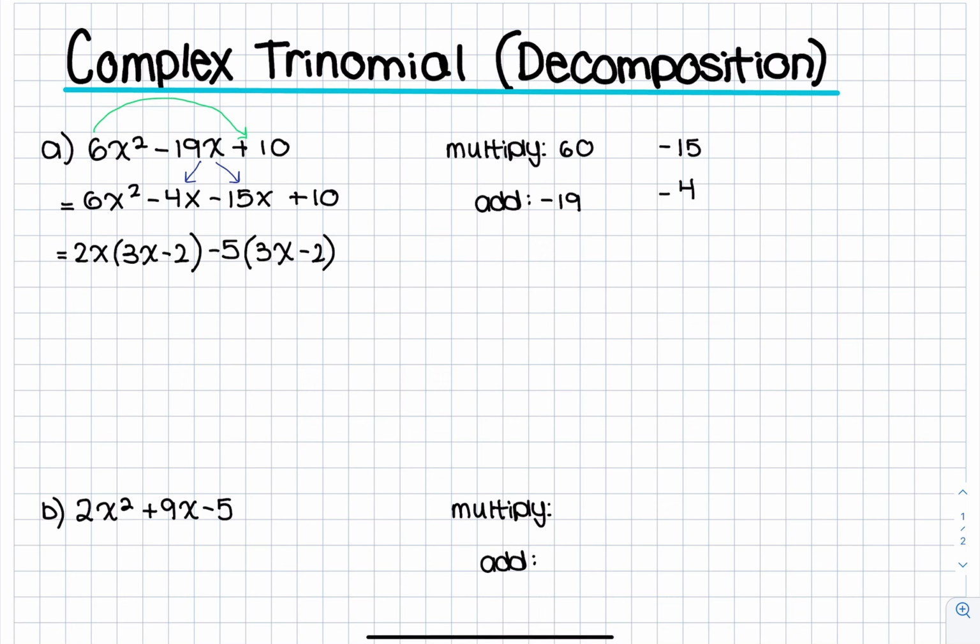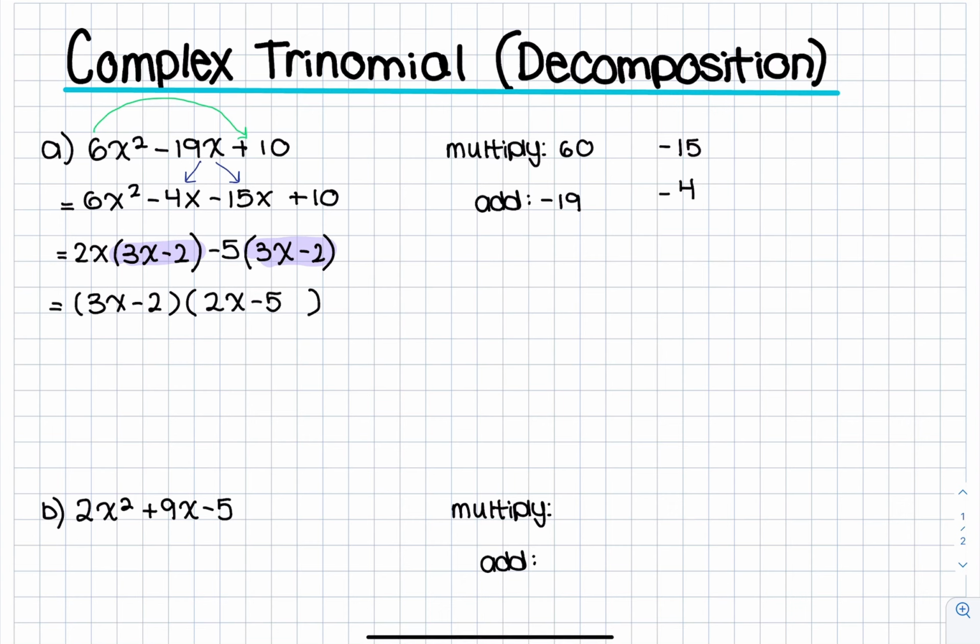What you'll now notice is these 2 brackets are matching, and we should have brackets that are the same. That's because we're going to end up with 2 sets of brackets as our final answer, and one of them is going to have 3x minus 2 in it, and the other one is going to be made from what we have left, which is our 2x minus 5.